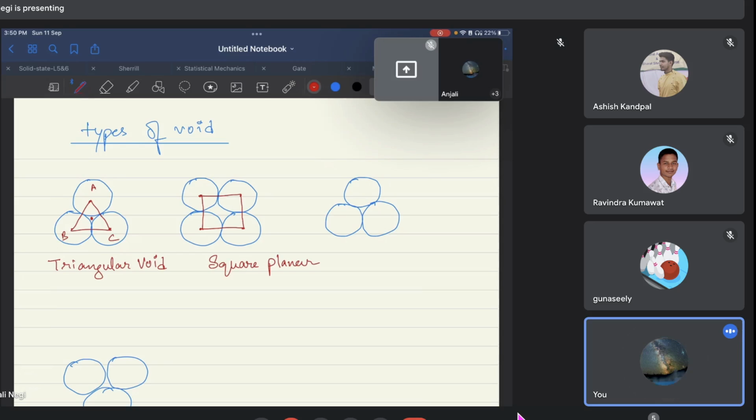We can actually calculate, by just joining the centers and considering the radius of each, the ratio of small r upon capital R, where small r is the radius of the sphere which can fit into my void, and capital R is the radius of the spheres which represent my atoms.